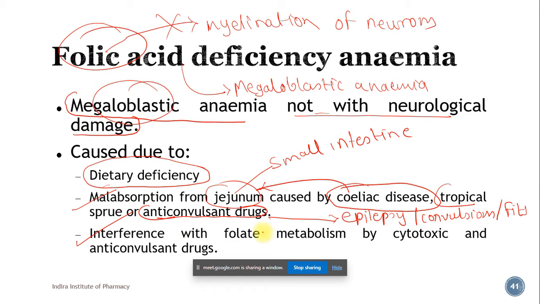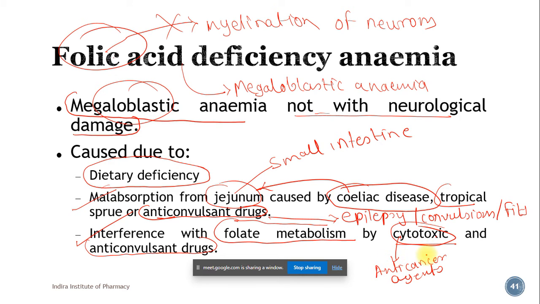Then interference with the folate metabolism by cytotoxic and the anticonvulsant drug. So there are certain categories of drugs that interfere with this folate metabolism, that is folic acid metabolism. Cytotoxic, these are the anti-cancer agents. Okay, so cytotoxic means, cyto means cell, toxic means toxicity. These drugs which cause toxicity to the cells are called cytotoxic.